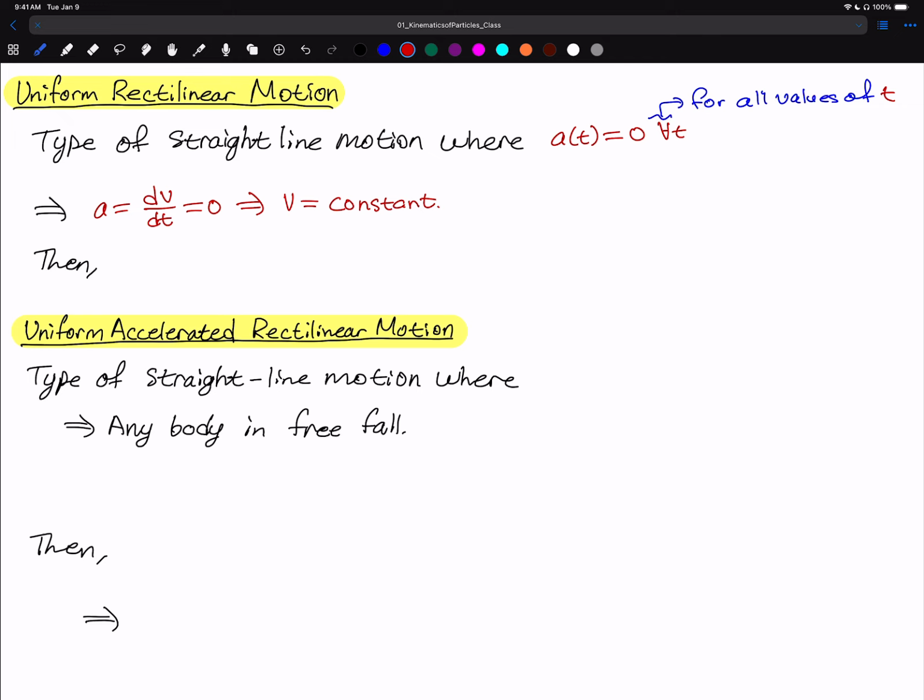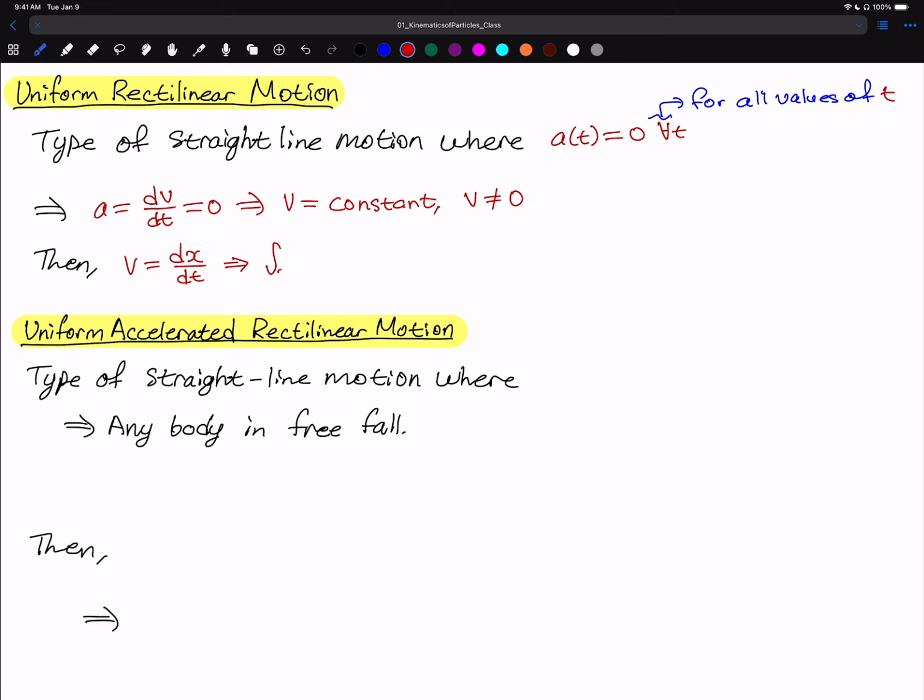Now, if the velocity constant is equal to 0, then we have the body at rest. There is actually no motion, so this needs to be non-zero. So the velocity cannot be equal to 0, but it is a constant. Then, since we know that v is equal to dx over dt, if we multiply both sides by dt and then integrate, we will be able to find the position.